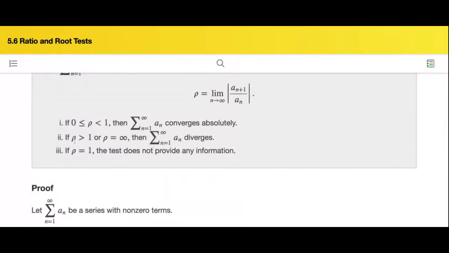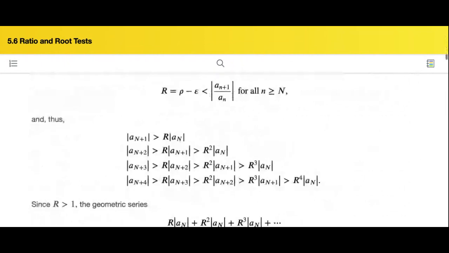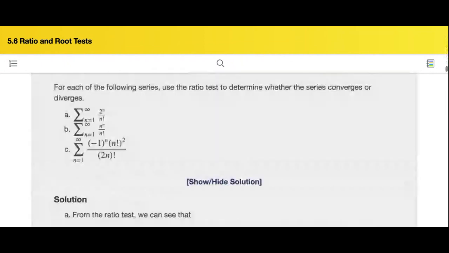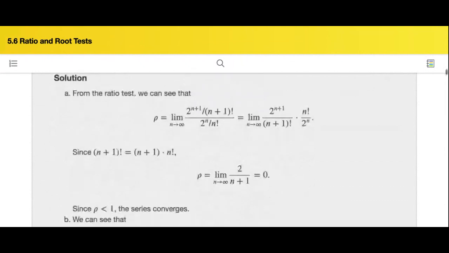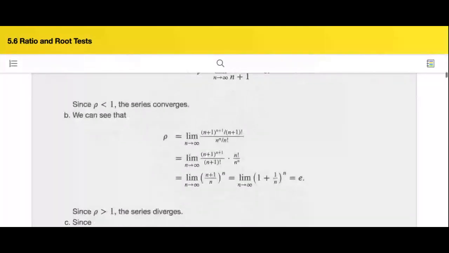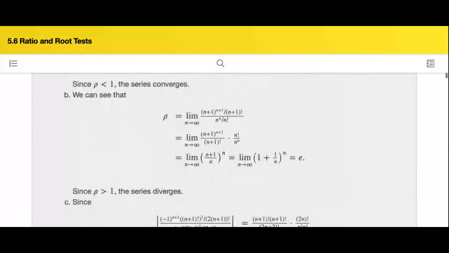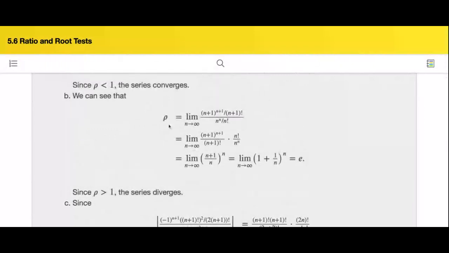If the limit of the ratio is greater than 1, the series diverges. So this B diverges. The intuition is the numerator grows much, much faster than the denominator, so it will never approach 0.